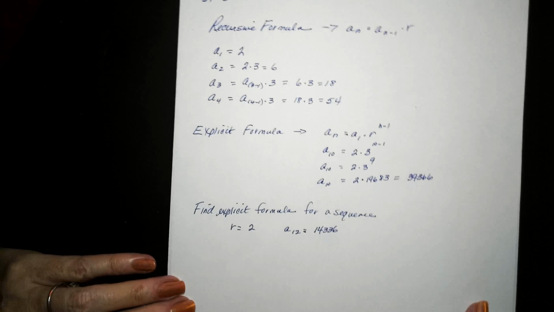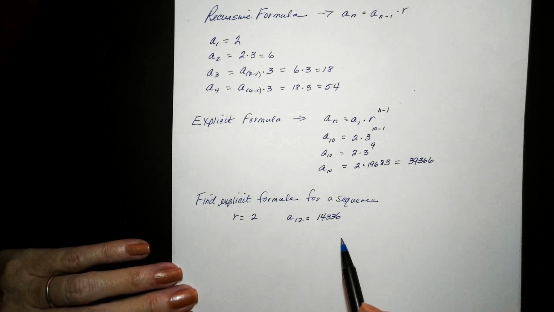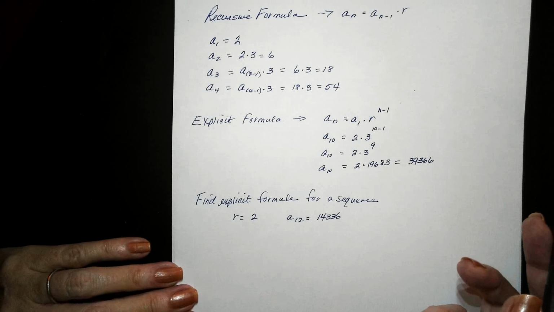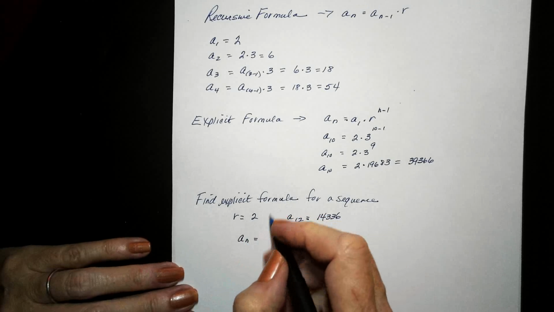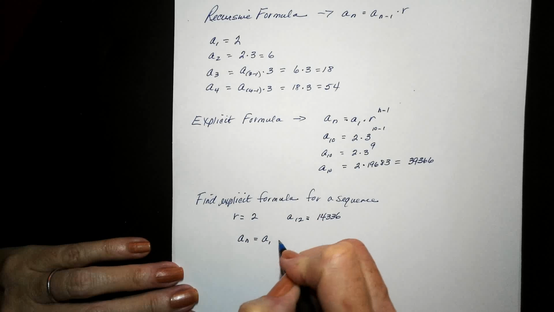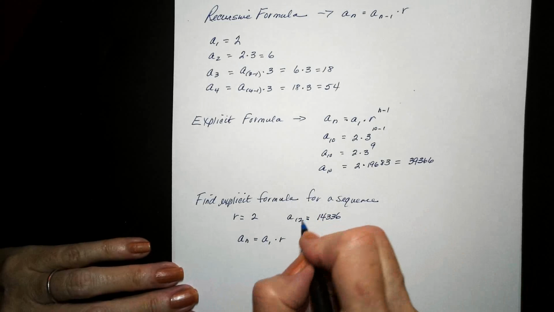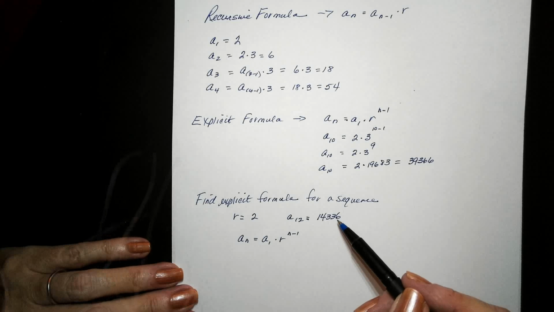Okay, we actually have all the information that we need to be able to do that, because we know the explicit formula is a_n equals the first term times the common ratio, times n minus 1. All we have to do is go and substitute in what we know.